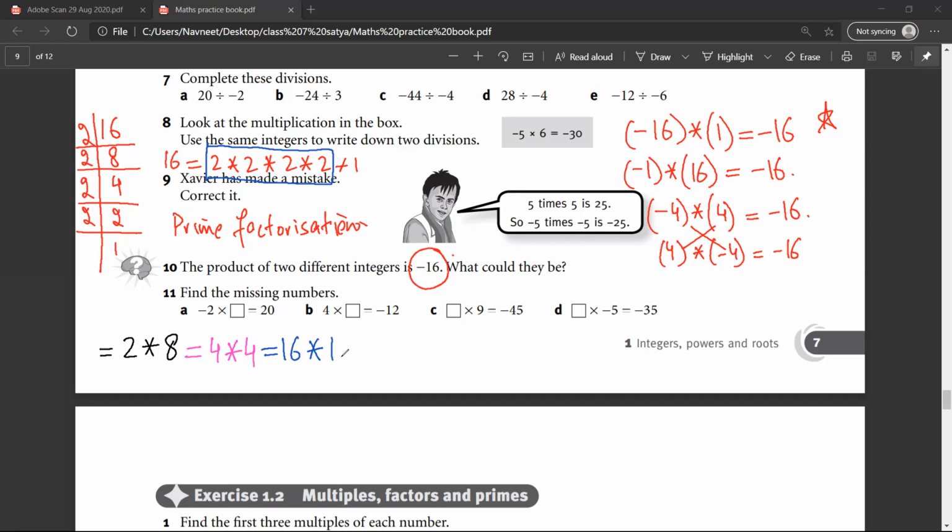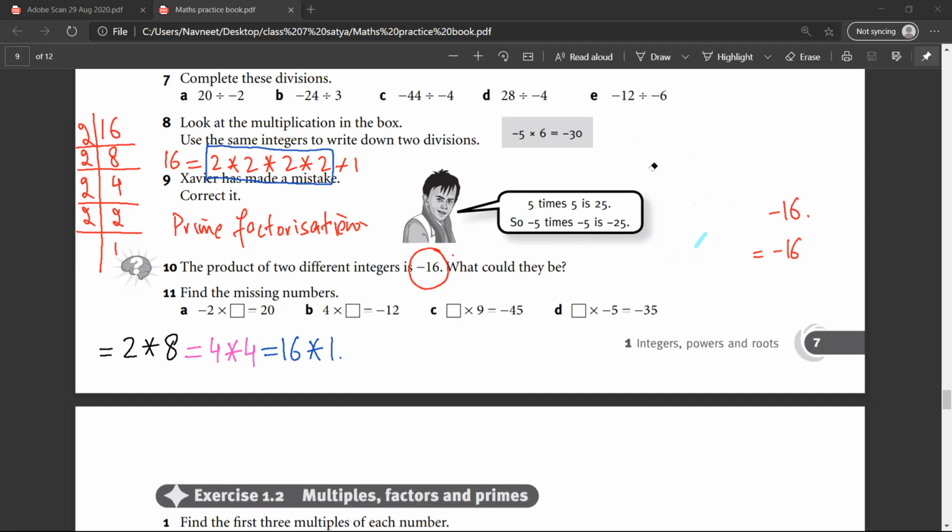Have you understood? Yes, sir. So 2 into 8 is 16, 4 into 4 is 16, 16 into 1 is 16. And with the help of these, if I want to make minus 16, now I have various combinations.